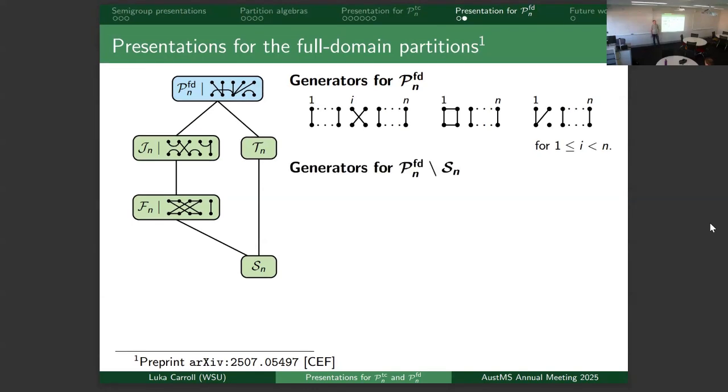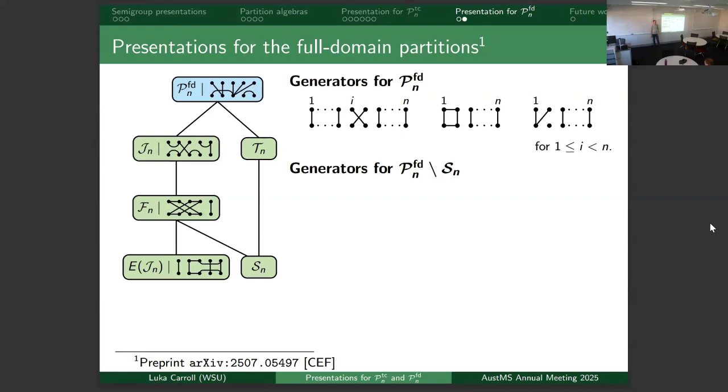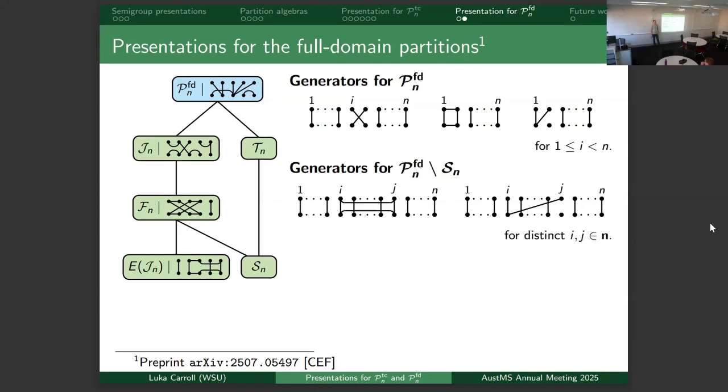For the singular part of PNFD, similar to the previous case, we were able to use the idempotents of Jn. They look like this. The idempotents of Jn are just the partitions where each block in the top row is mapped to the same block in the bottom row. And so our generators look like this.